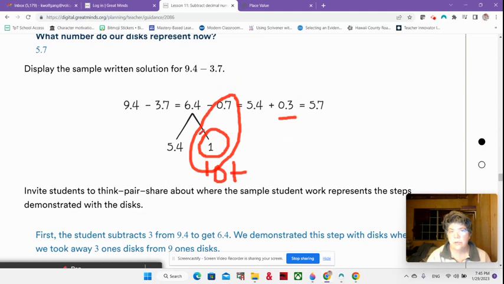Do you see that? We're taking it away from the 6 4/10, but we're showing it by breaking this apart and taking it away from the 1, because it's easier subtraction. So 10/10 minus 7/10 is 3/10. Here's our 5 4/10 again. Now we have 5 4/10 plus 3/10, and that gives us 5 7/10.